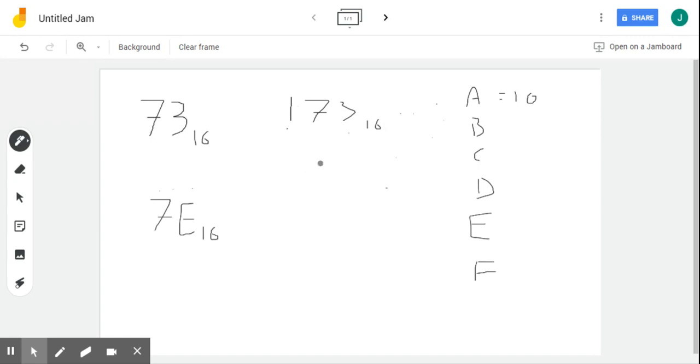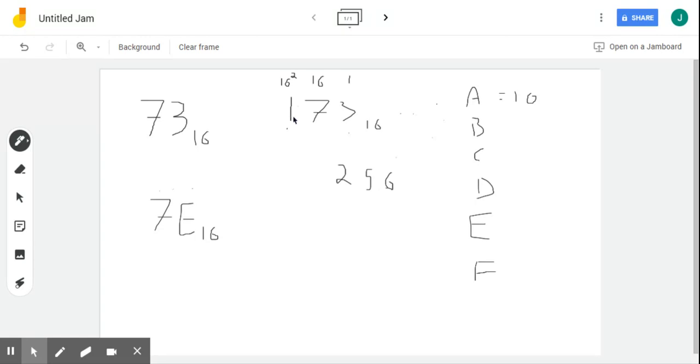This digit is 1s, this digit is 16s, this third digit is 16 squared. So that's 16 times 16, which as we all know is 256. So this number would be 3 plus 7 times 16 plus 1 times 256.